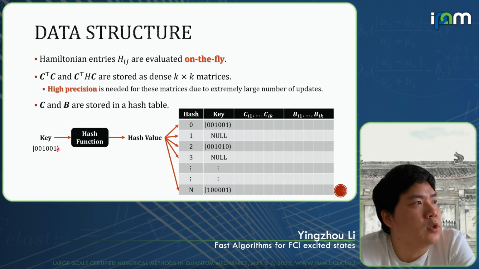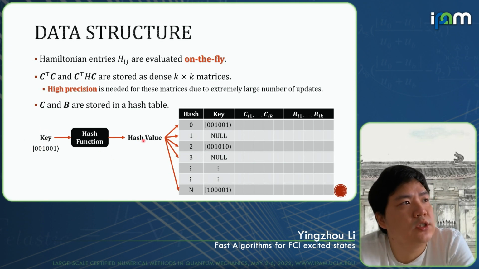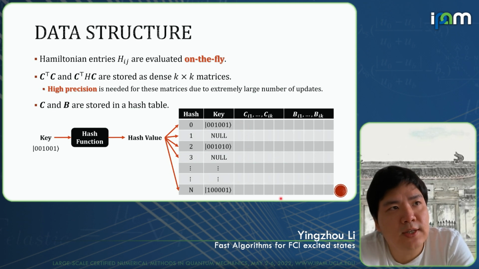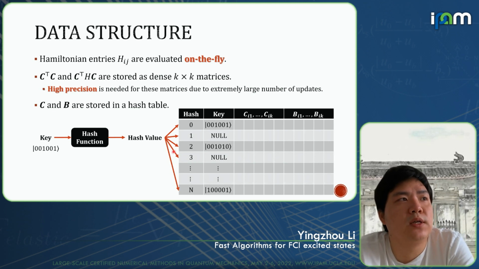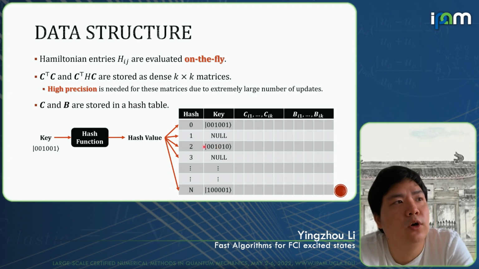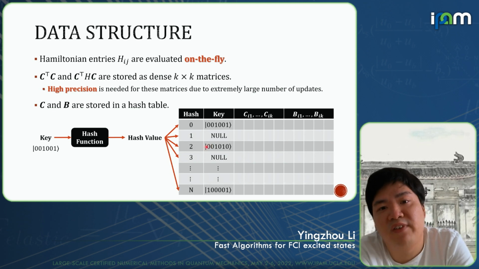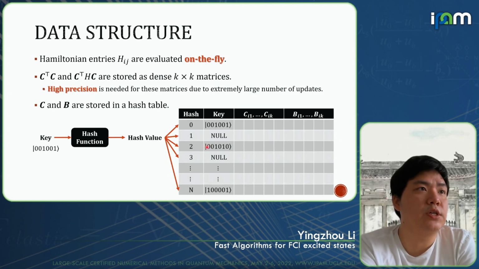We take the configuration string as a key, substitute it into hash functions, get hash values, and store things in such a hash table. So we have the hash value, and we store the key, and we store rows of C together with rows of B. So C and B are stored as a kind of combo. We combine them together and store them in an entry of the hash table. So this is just a hash table, and the entire row is the value of the hash table. This is how we store things.